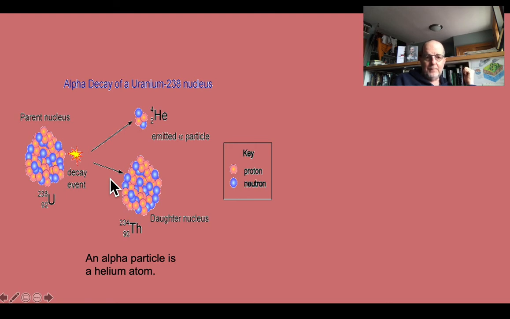It emits protons, in this case 2 of them, and neutrons, in this case 2 of them, which is equivalent to a helium atom. And that decay creates a new element, thorium-234. An alpha particle, in this case, that's this, is a helium atom.